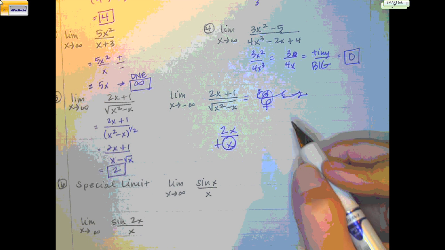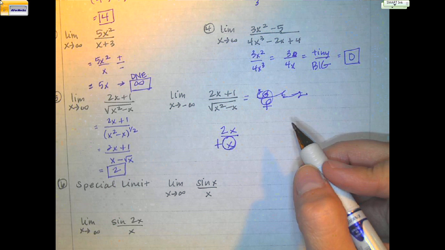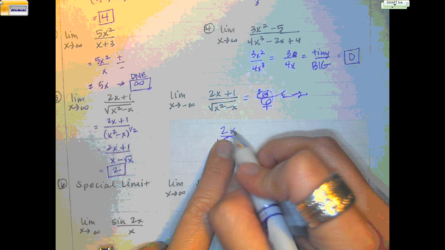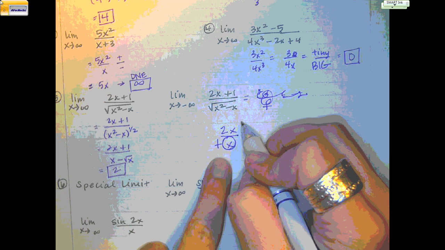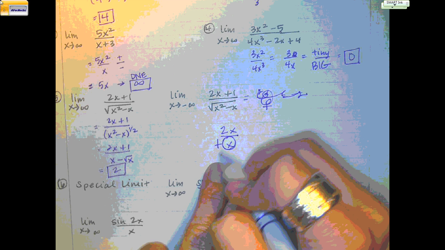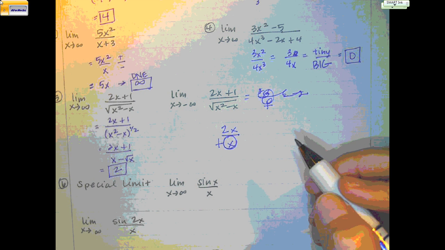Hang on, positive infinity is on the bottom. The top, we have 2 times negative infinity. So those infinities cancel, and you're left with, wait, why isn't it negative 2? Oh, because it's negative on the top. So we still wind up with our negative 2. That's what happens. I didn't explain that very well, sorry.